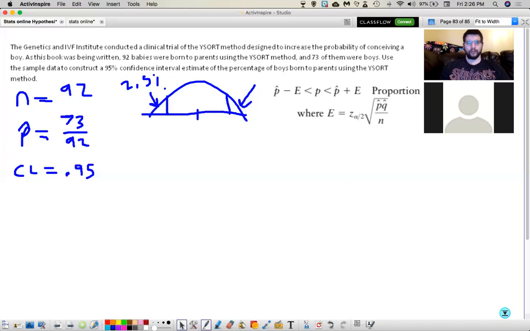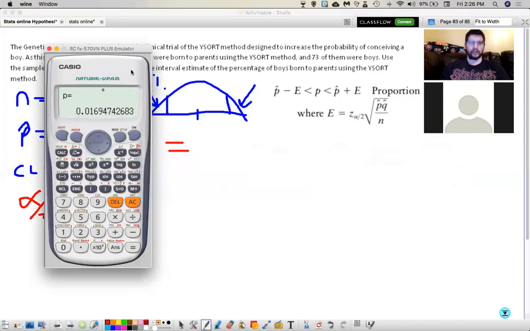So we've got to find the error first. To do that, I need to look up z of alpha over 2. So alpha over 2 is going to be 0.025. It's the complement of the confidence level, and we have to chop it in half.